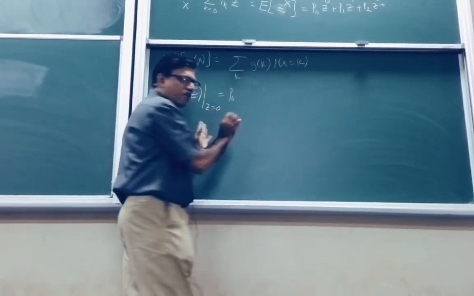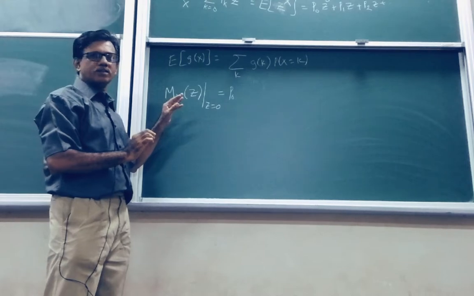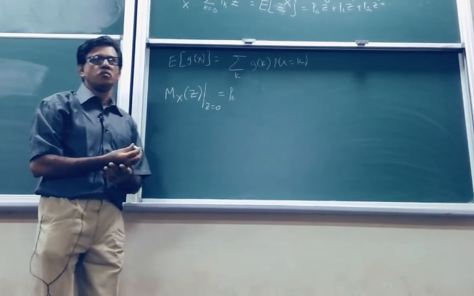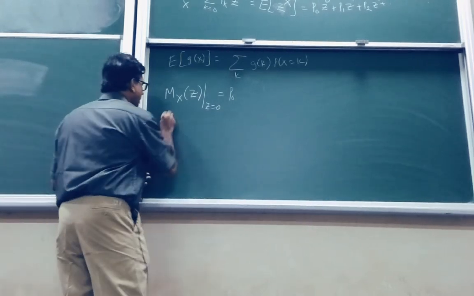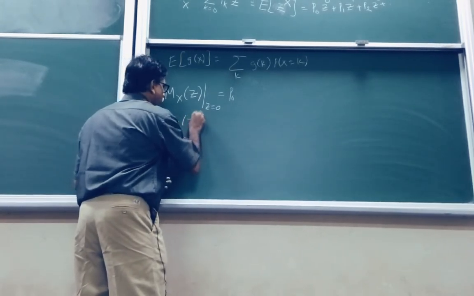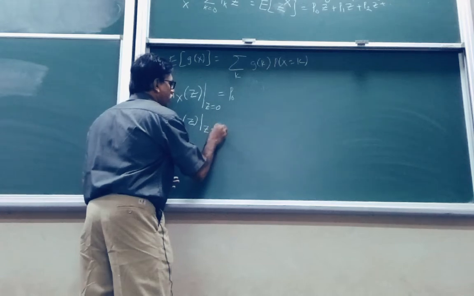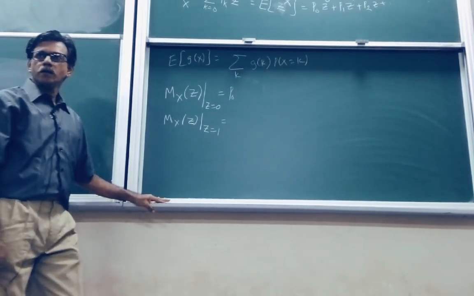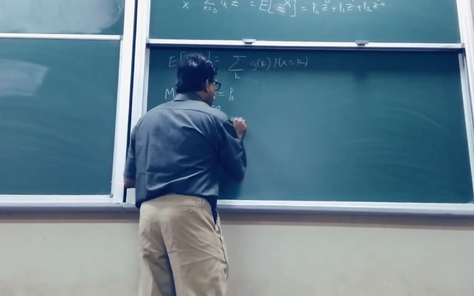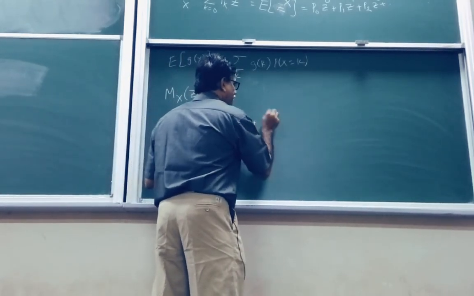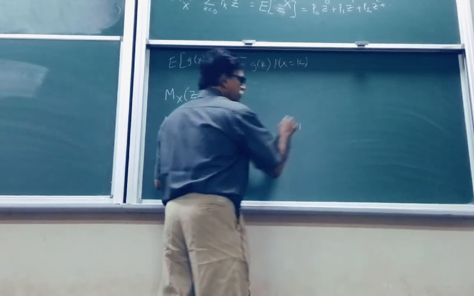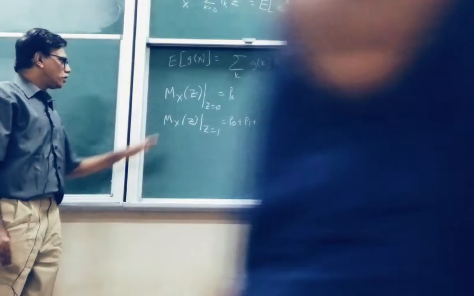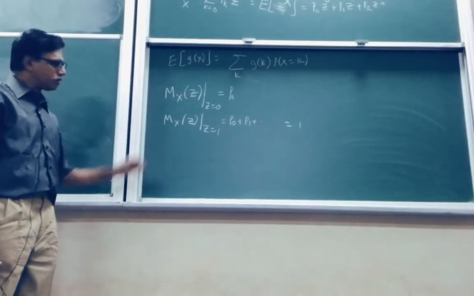This is not of any big interest, just for the sake of completeness I have put it. M_X of z evaluated at z equal to 1 is the sum of all the probabilities, which should equal 1.